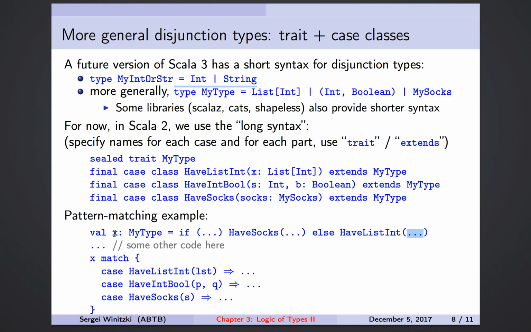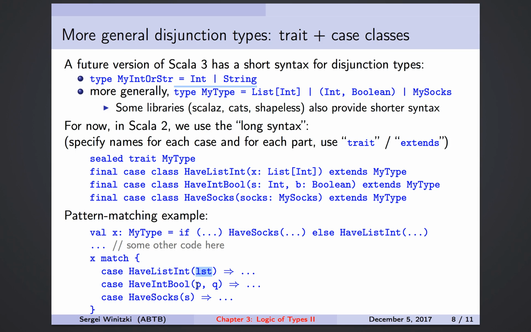So this is computed, and then later somebody wants to find out what that x was, and they don't know. This could be in a different part of the code, and this could be even in a different library, and so you have to match on the 3 domains of the disjunction. And that's how you write it.